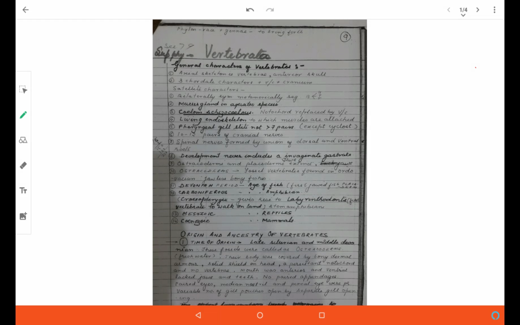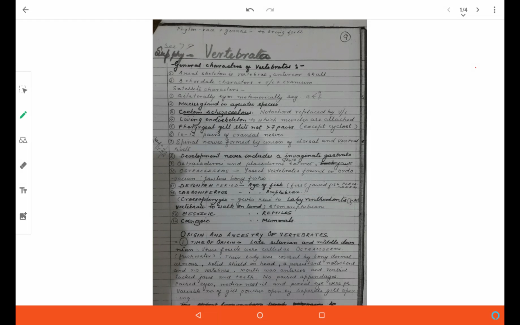So the three fundamental chordate characters, vertebral column and cranium are the major characteristics of phylum Vertebrata. Apart from these major and basic characters, some satellite characters are also present. Worth mentioning in this lecture are bilateral symmetry and metameric segmentation, and the body is divided into head, tail, and trunk.